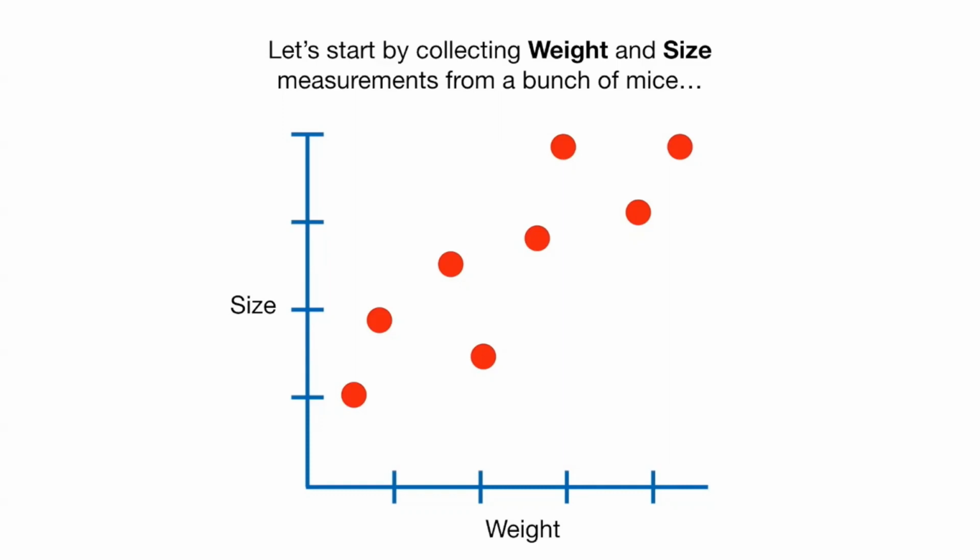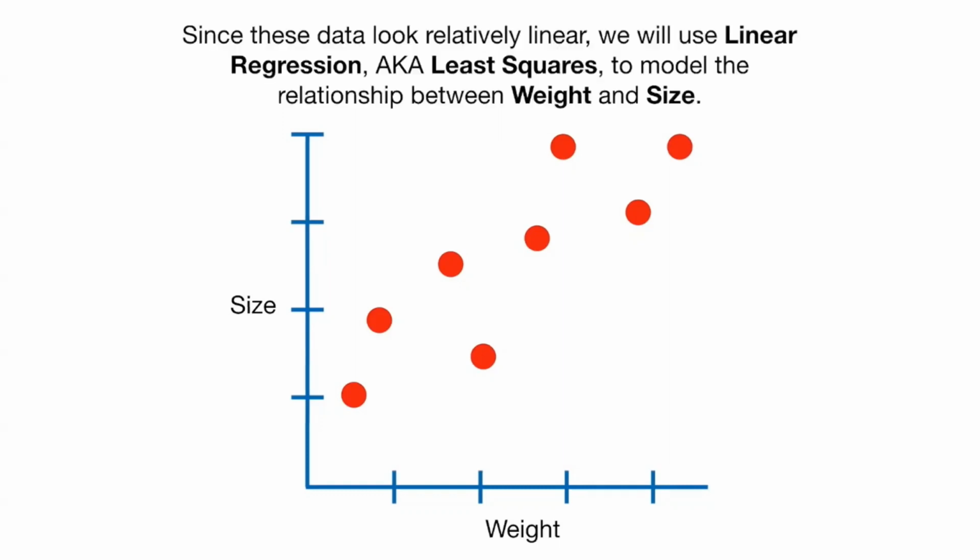These are some of the points which we have got. Now if we look into the data, we can use linear regression, also known as the least square method, to model the relationship between the weight and the size.